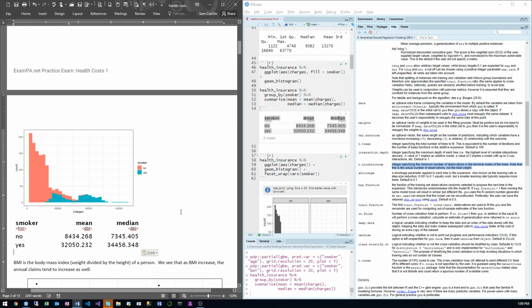Okay. So yeah, the mean is much higher for smokers.